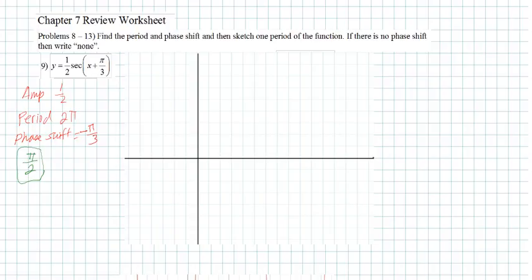So I'm going to mark my negative pi over 3 right there. All right, so the phase shift marks the beginning of our graph because we only want to graph one period. So this is going to be the beginning of our period. So from negative pi over 3, the end of our period is going to be 2 pi minus pi over 3.